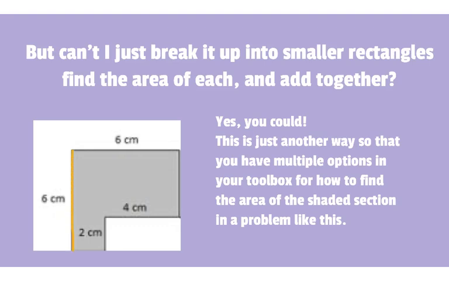So you very well could split it up into two rectangles, like that, right, to find the area of each and add it together. Or you can use the strategy that I'm going to teach you next.